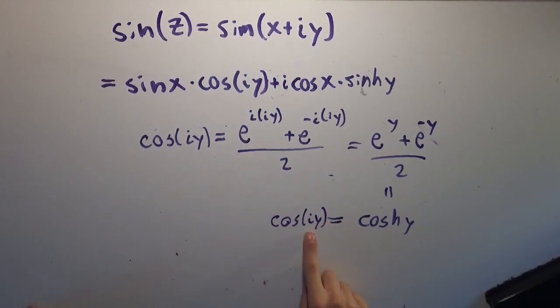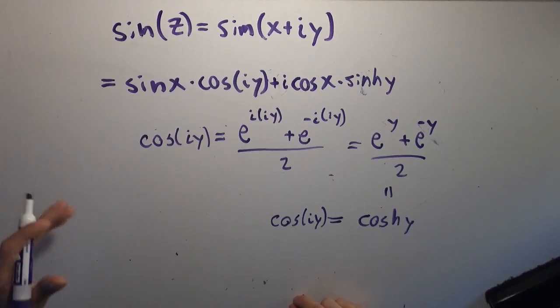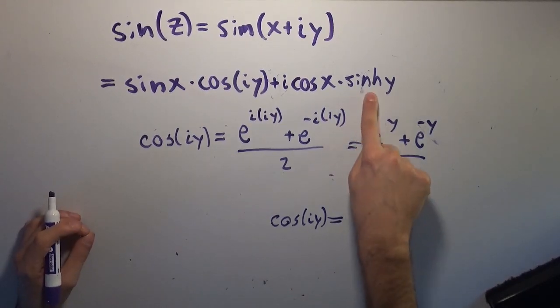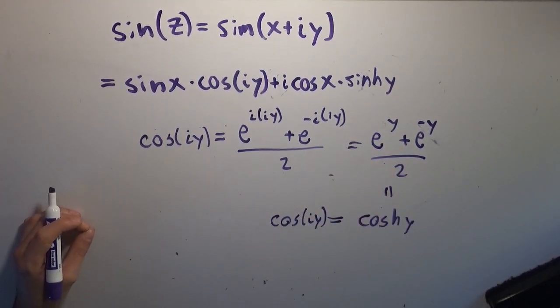So if you plug in a purely imaginary number into cosine, you will get the hyperbolic cosine evaluated at real numbers. And if you do minus i times the sine evaluated at a purely imaginary number, you will get exactly the hyperbolic sine of y.